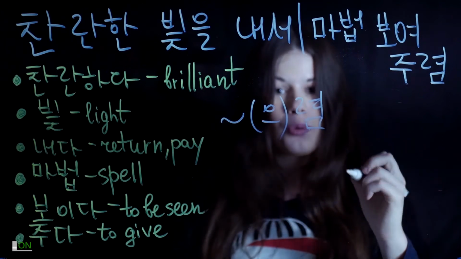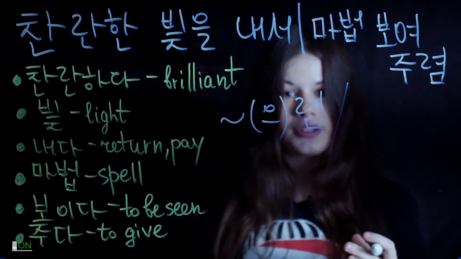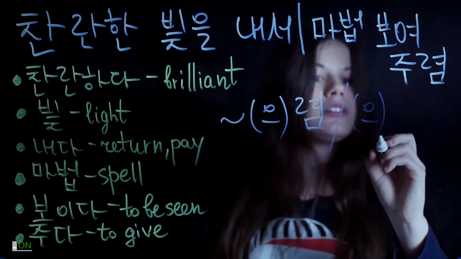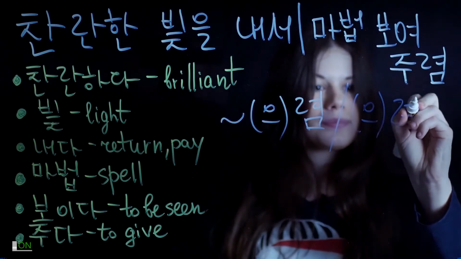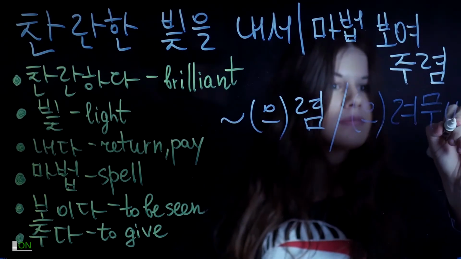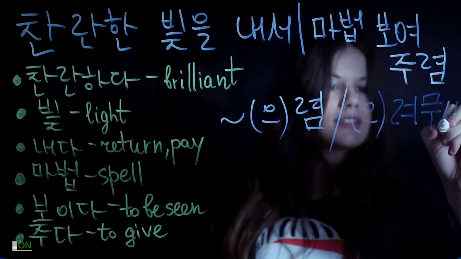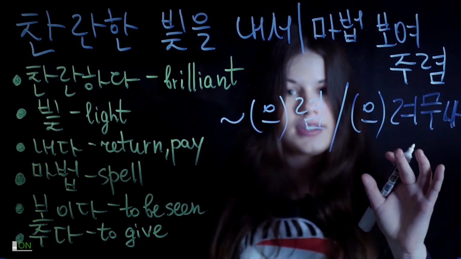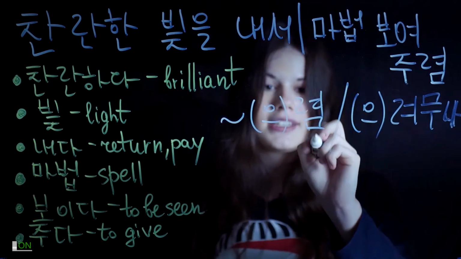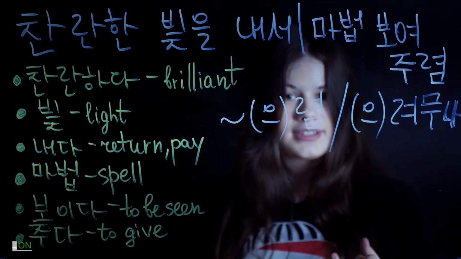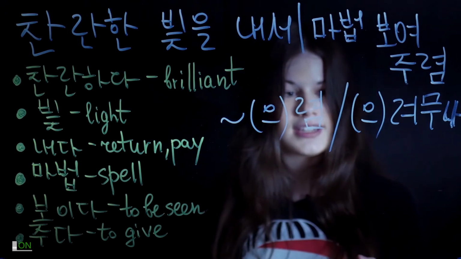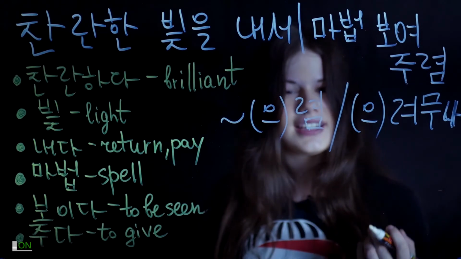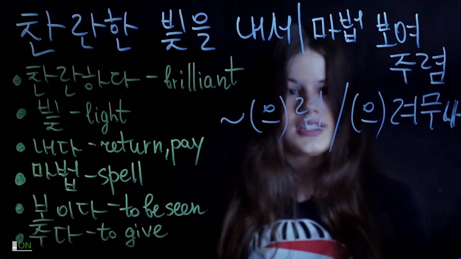But there is one more very similar, absolutely the same grammar, which is again 려무나. I hope you see it. It is again the same, it gives the same feeling, but the point is that 렴 gives a little bit feminine feeling to the sentence, but 려무나 is slightly neutral of gender, so it doesn't depend on gender itself.